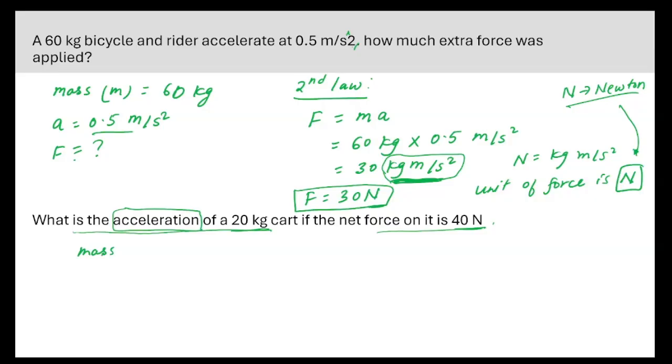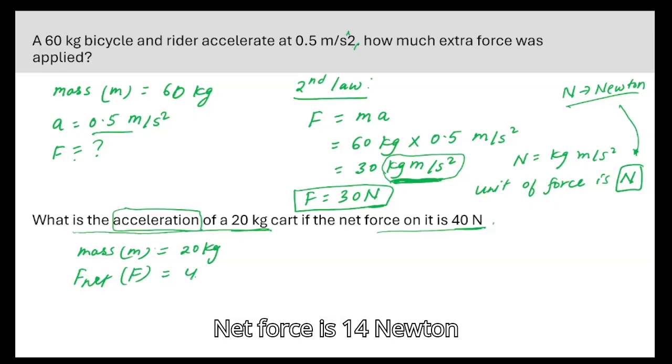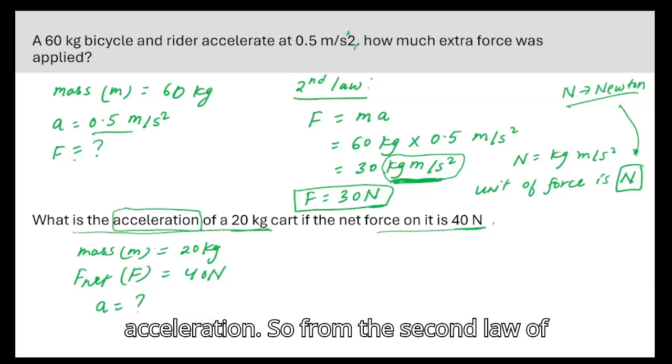So mass is 20 kilogram, net force is 40 Newton, and we need to calculate acceleration.